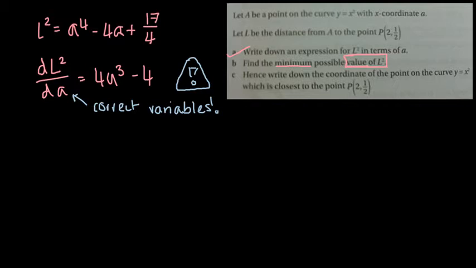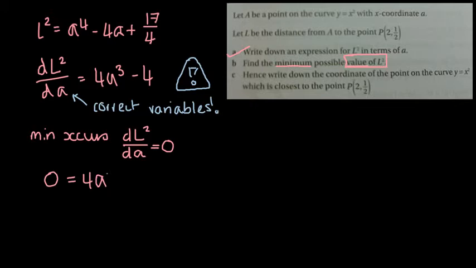Okay, so now we've differentiated, we know a minimum occurs when the derivative, which is dL squared over dA, is equal to 0. So that's what we're going to do now. 0 equals 4a cubed minus 4, and I can solve this for a.